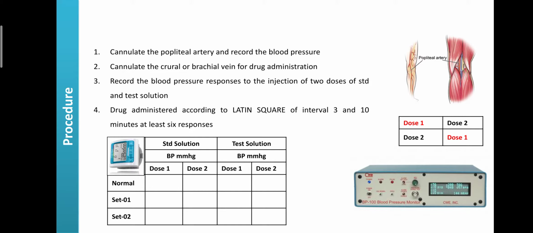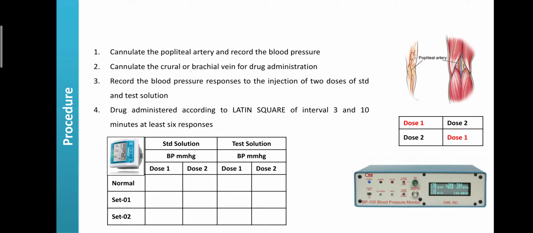To isolate it, you expose it by opening the skin and muscles above it with the help of operating scissors. Then you can expose the popliteal artery. That is known as isolation of the popliteal artery, but you do not remove it from the body. Only you expose it.